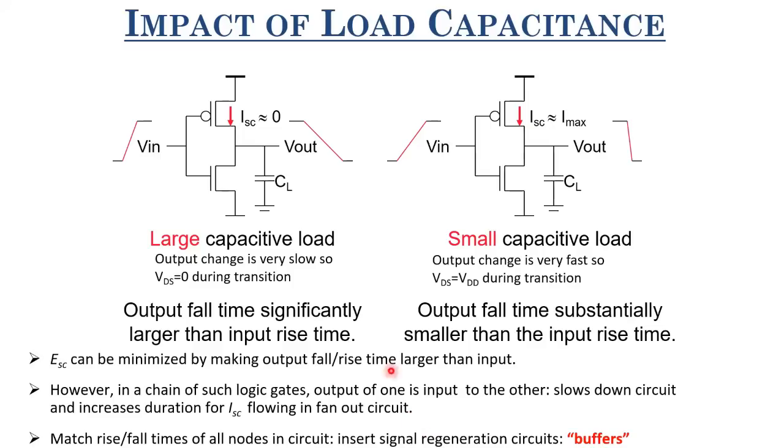So buffers are nothing but two inverters placed in series. And because of their regenerative property, even if the input is changing gradually, it helps in achieving a pretty steep output pulse, just because of this regeneration property.